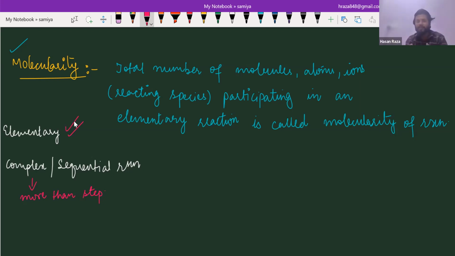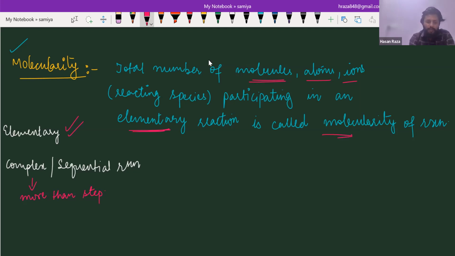Now come to the point, what is molecularity? When a reactant is reacting, we see the total number of molecules or atoms or ions, or anything that is participating in a chemical reaction, and the chemical reaction must be elementary. That is called molecularity of reaction.